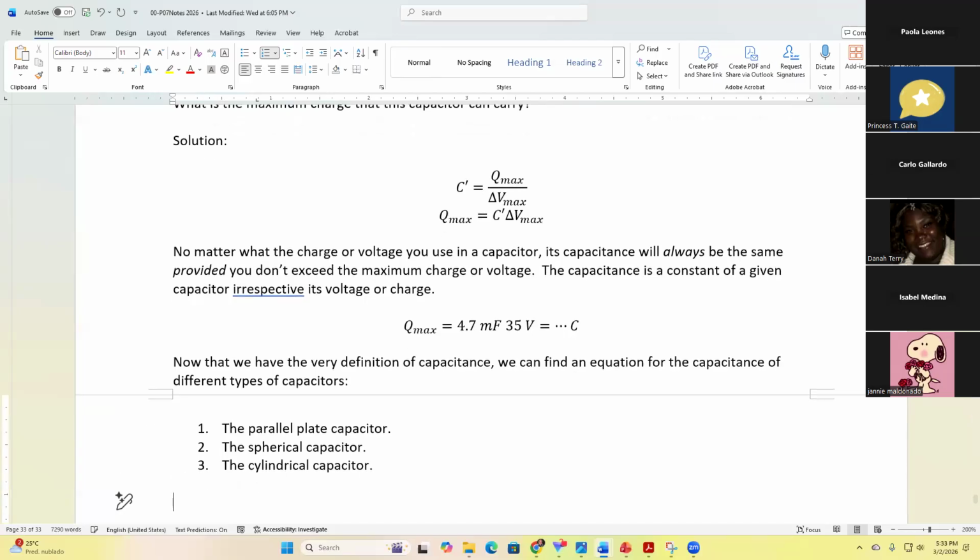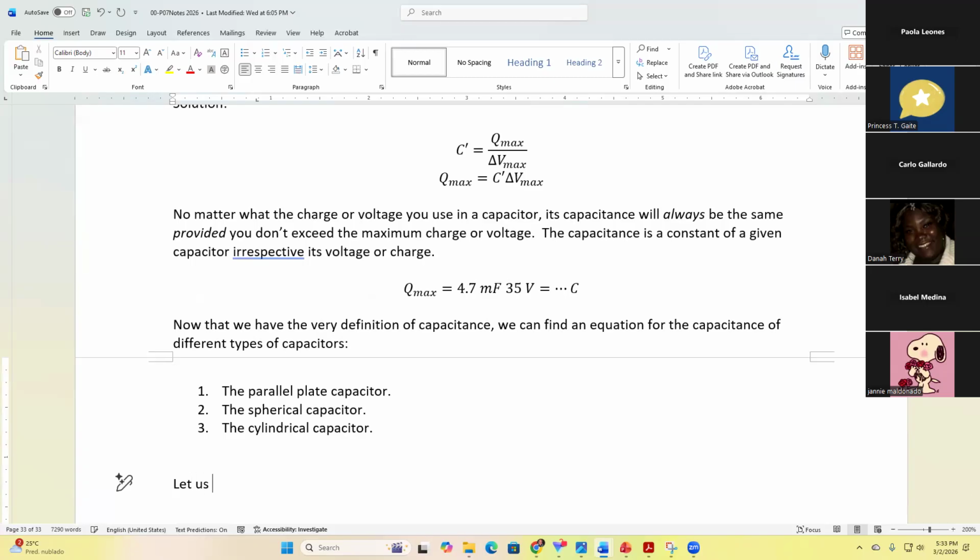Let's start with the parallel plate capacitor. Example.